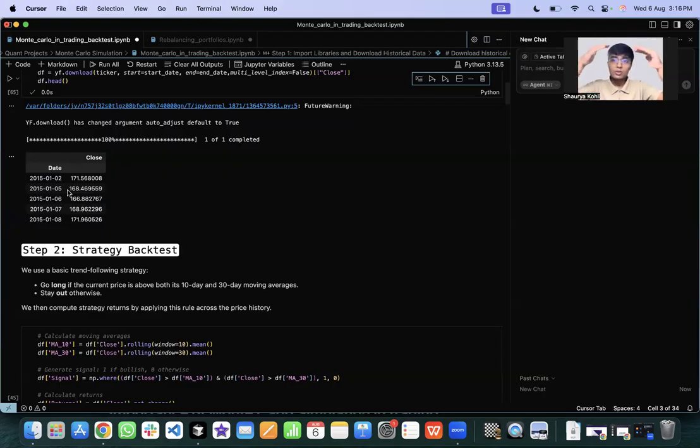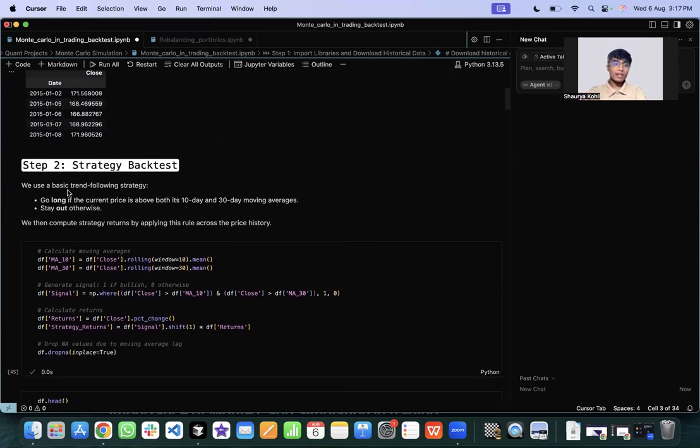So this gives you all the historical data from 2015 to the 31st January, February, March, April, May, till May 2025. So you get the 10 years of data in general.